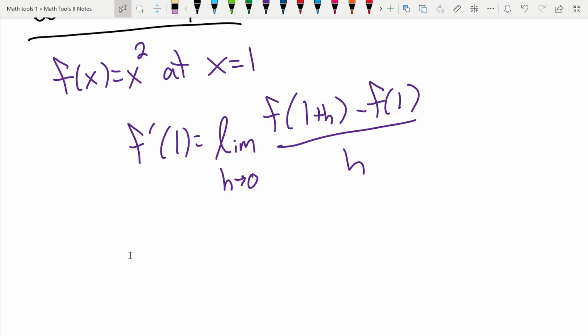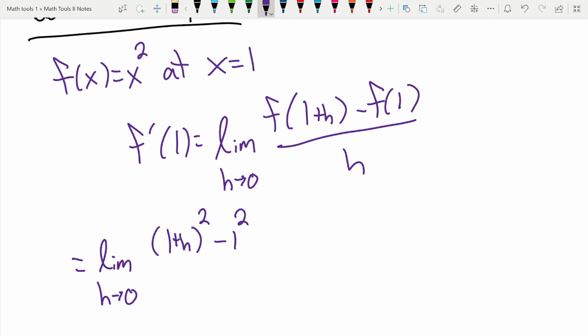Okay, so again, for all of these, if you do direct substitution, you're going to get 0 over 0. So let's go ahead and try to simplify this. So f of 1 plus h is going to be 1 plus h squared. F of 1 is 1 squared, over h.